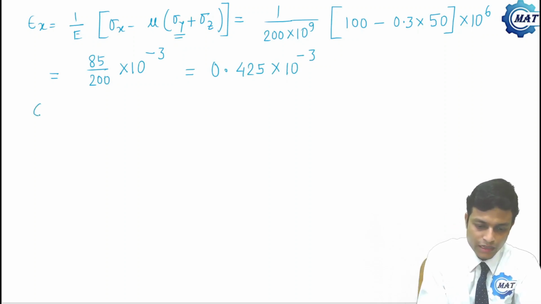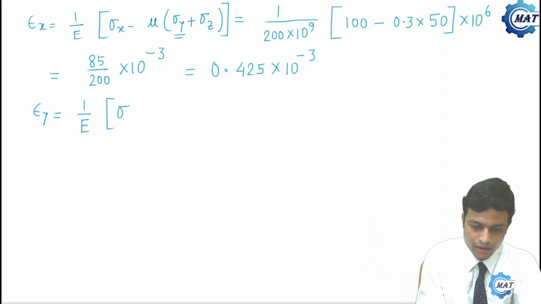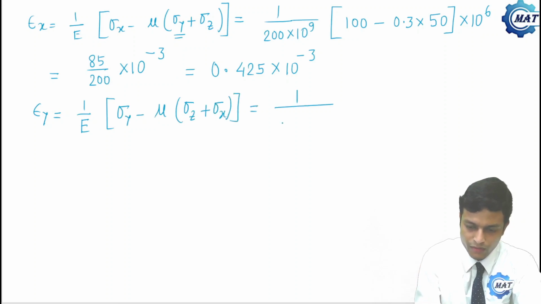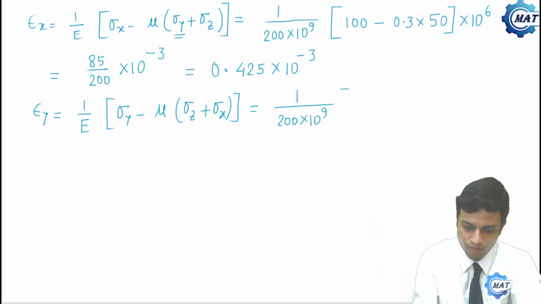Now what is epsilon y? Let us determine epsilon y. It is 1 by E into (sigma y minus mu times (sigma x plus sigma z)). Now let us put the value, 200 into 10 to the power 9. Sigma y is 50 MPa minus 0.3 into 100.